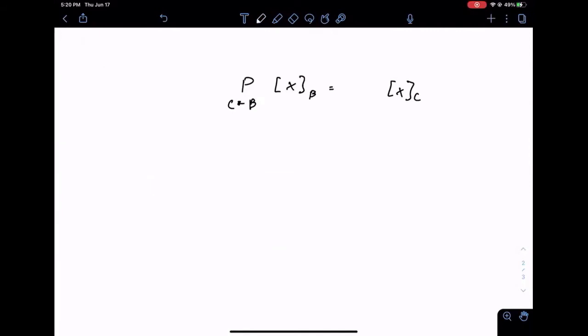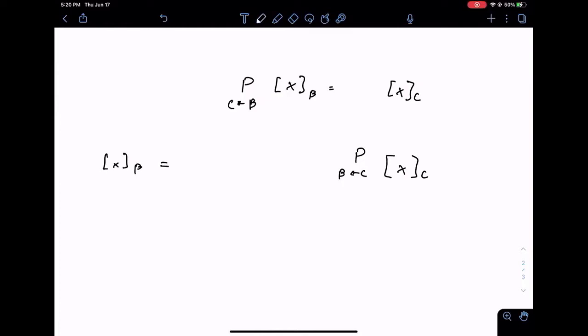If I can convert from B to C, there's no reason I can't convert from C to B. So let's say I have this vector in C coordinates. I want to convert back to B coordinates. I would multiply it by this matrix, right? And my result would be that same vector back in B coordinates.